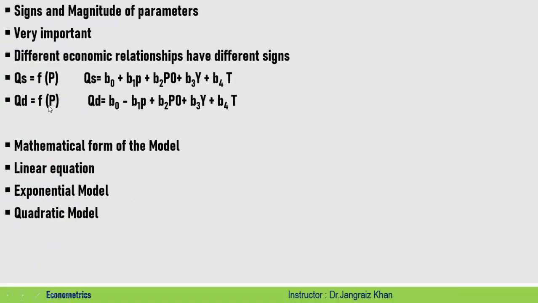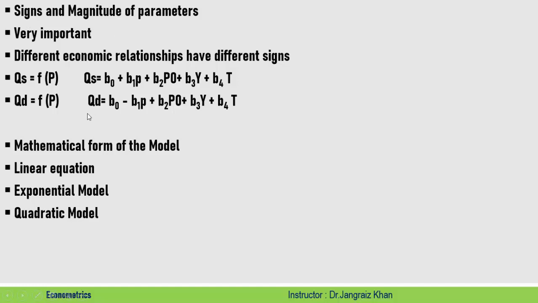For example, let's see, this is a supply equation and this is a demand equation. By taking the same determinants, in the case of supply, the sign of the parameter of the price is positive, because we know that price and supply are positively related according to the law of supply, other things remaining the same. So we have a positive sign.